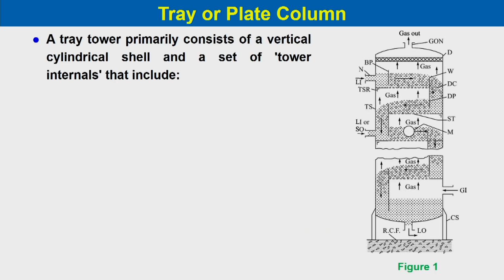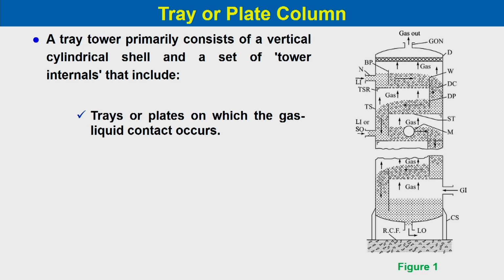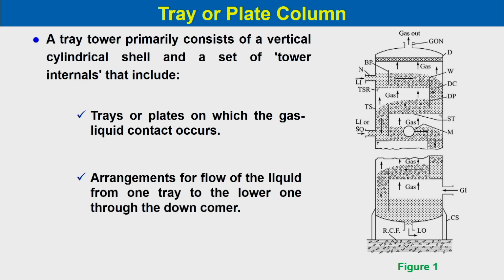A tray tower primarily consists of a vertical cylindrical shell and a set of tower internals. This tower internals includes tray or plates on which the gas liquid contact occurs. So, for each plate or tray, the gas and liquid comes in intimate contact.